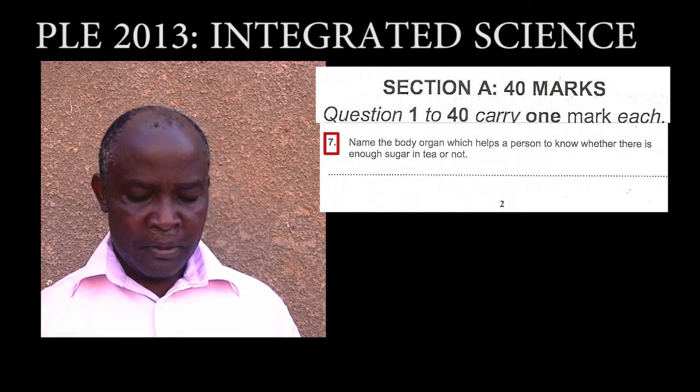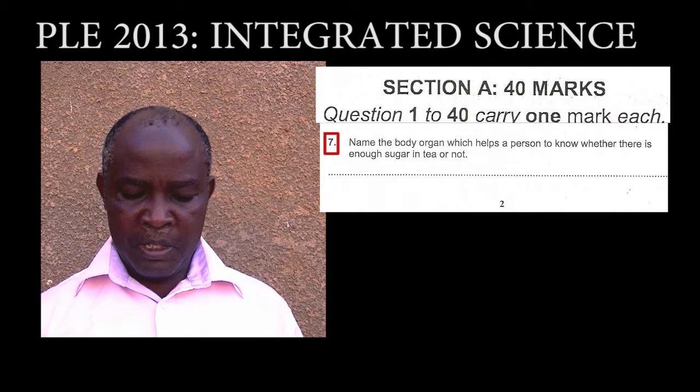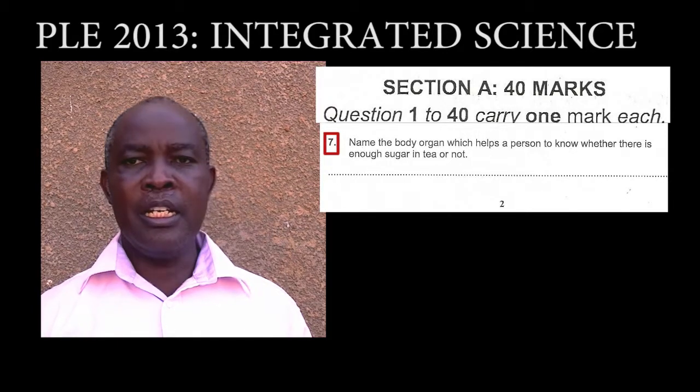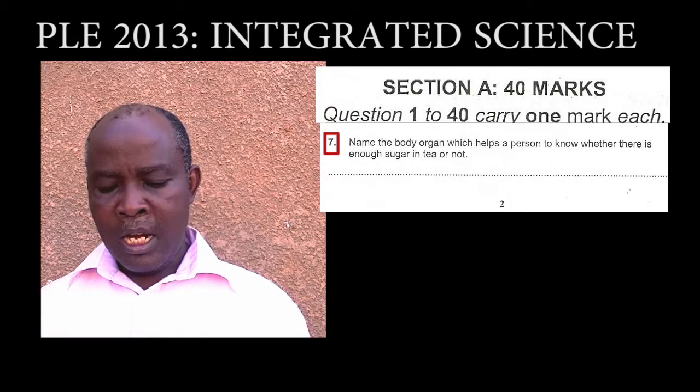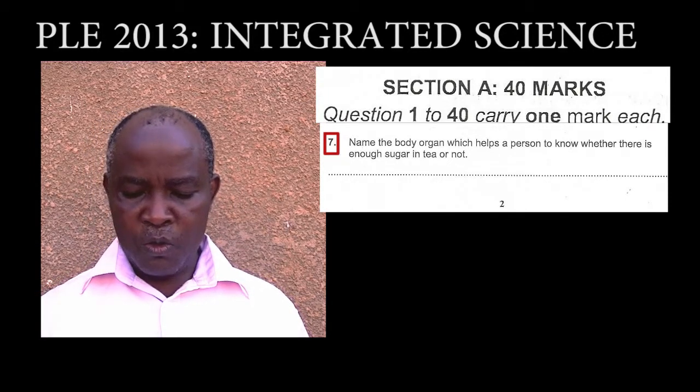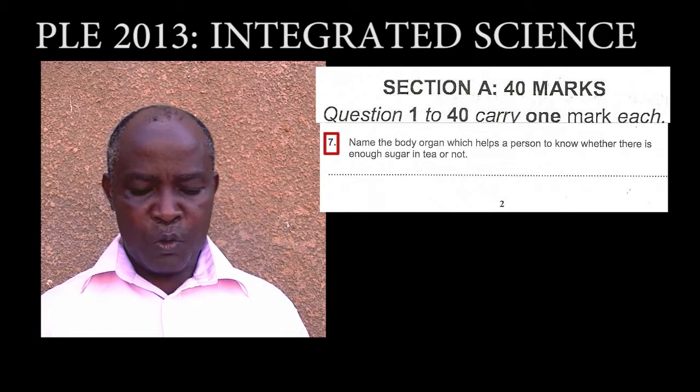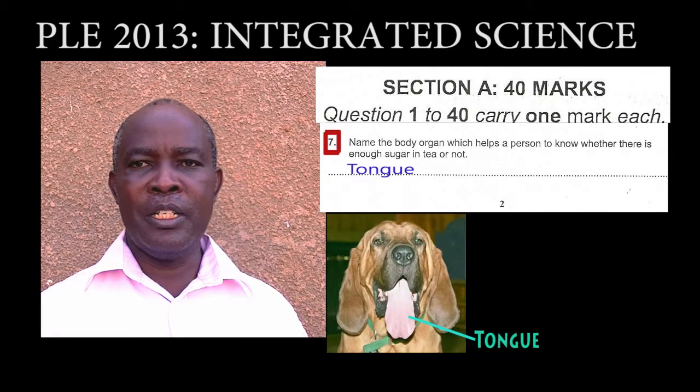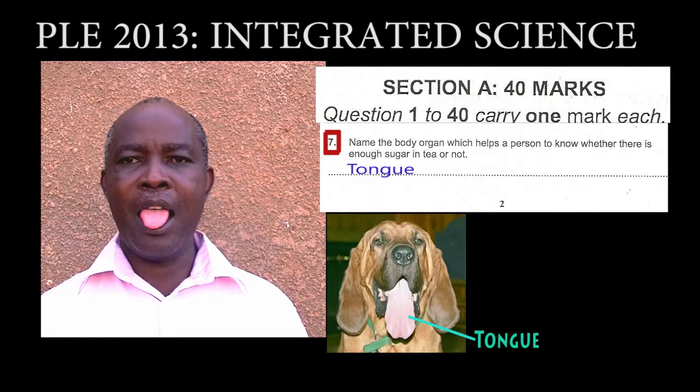Number 7, name the organ which helps a person to know whether there is enough sugar in tea or not. That is a tongue.